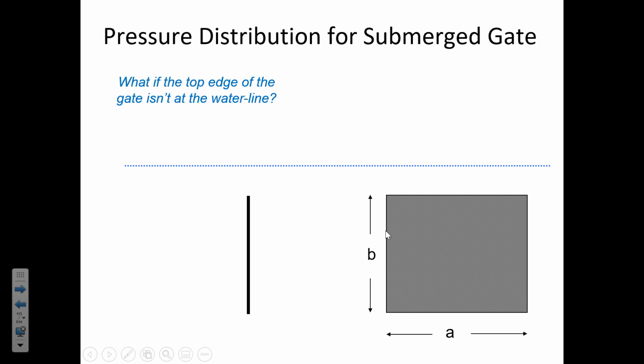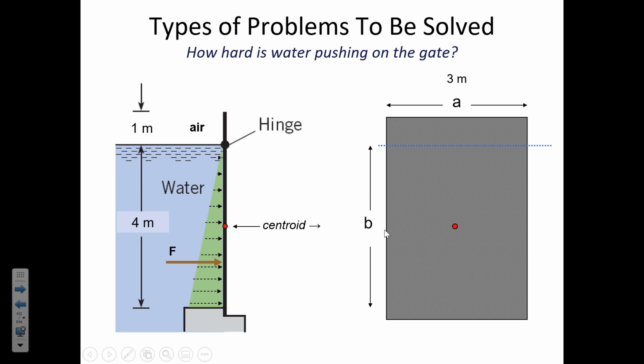All right. Now, this was if the water was all the way up to the top of the gate. In other words, the gate is not submerged beneath the water surface, but is either right at the top of the water or sticking out, and it has this triangular distribution.